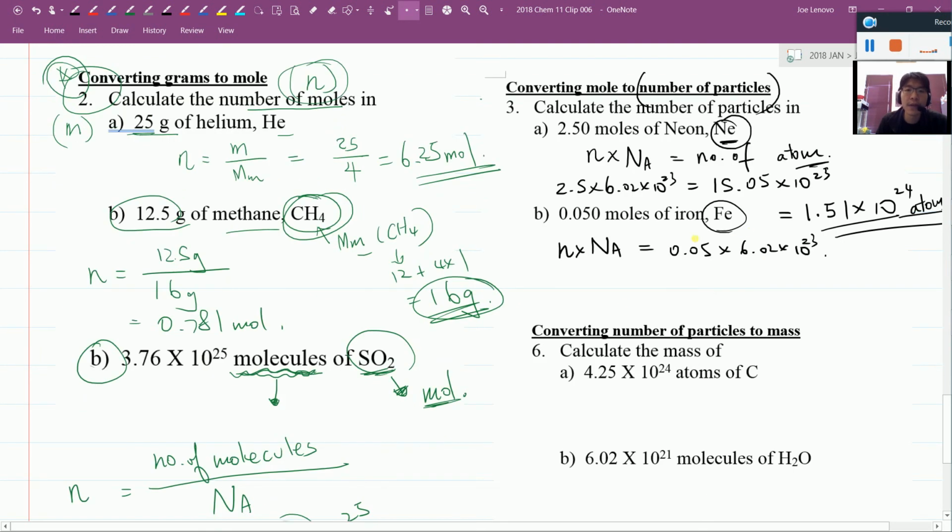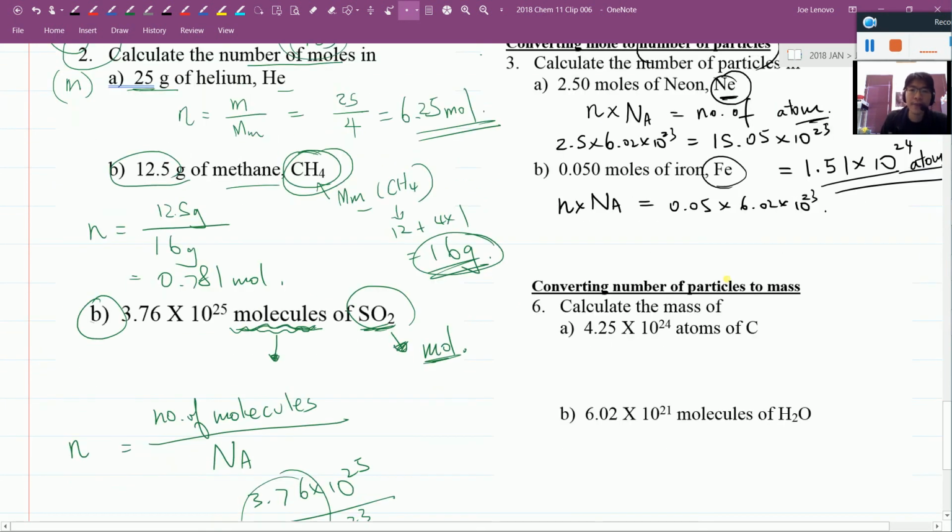The molar mass will be used in the next situations. The answer for this is 0.05 times 6.02, which is 0.301. So we've got 0.301 times 10 to the 23. Move this across would be 3.01 times 10 to the 22. That is the answer.